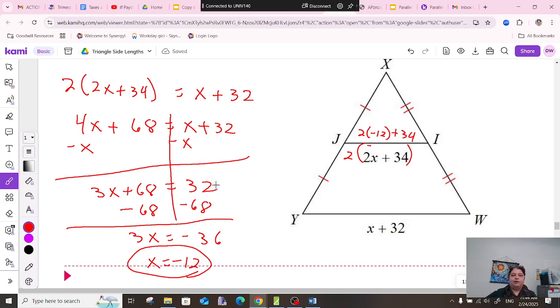Negative 24 plus 34 is equal to 10. So JI is 10. Now, when I put a negative 12 here, what's a negative 12 plus 32? 20. And good, this is half of this, so I know I did it correctly, right?